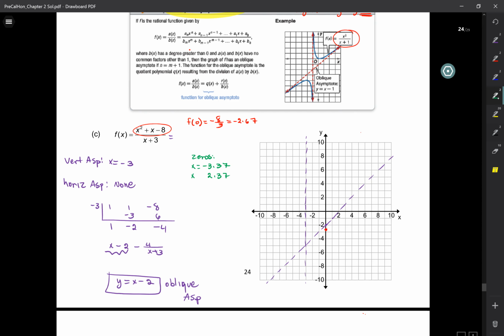So -3.37 here and 2.37 there. All right, so what does that tell us? That tells us that here on the bottom there is a graph which looks like this. Okay, and there is another one here. All right, and that's what that looks like.